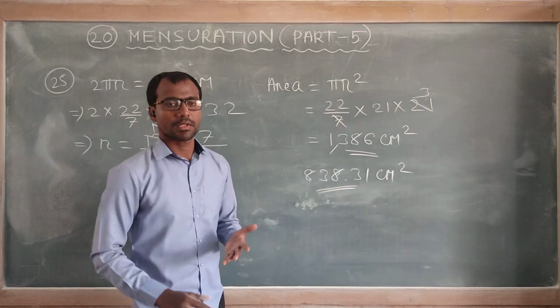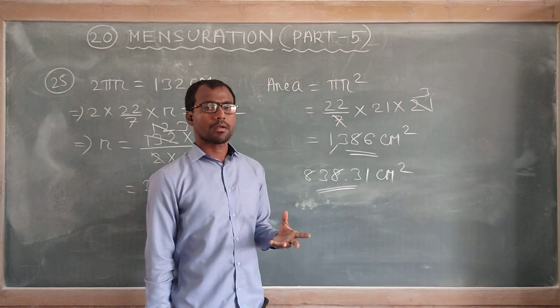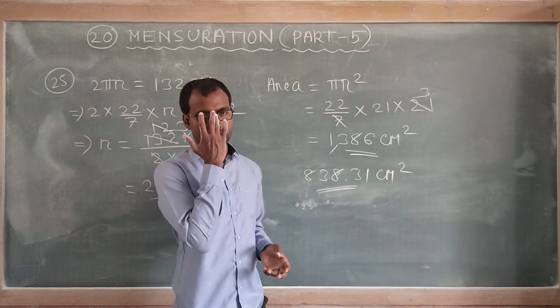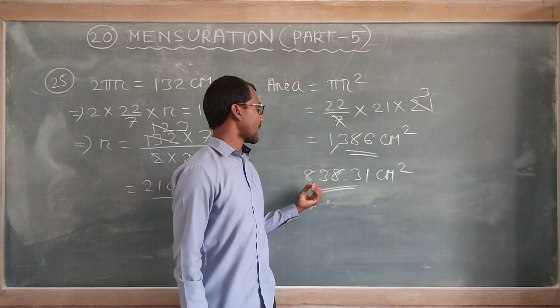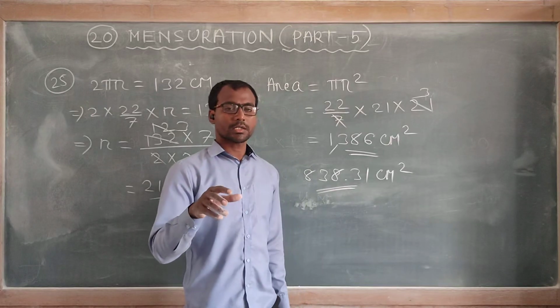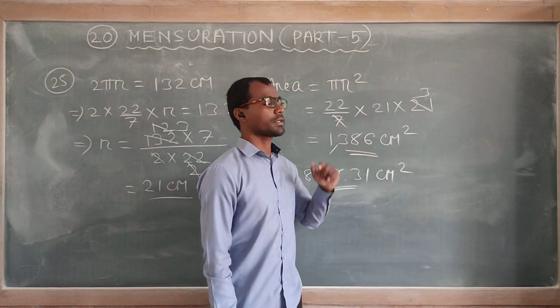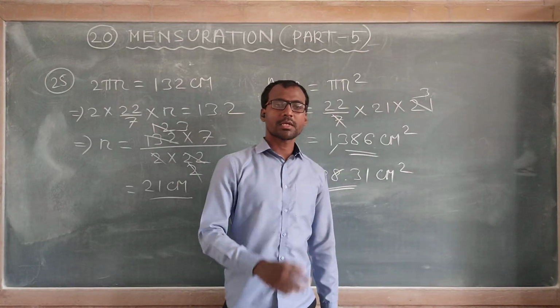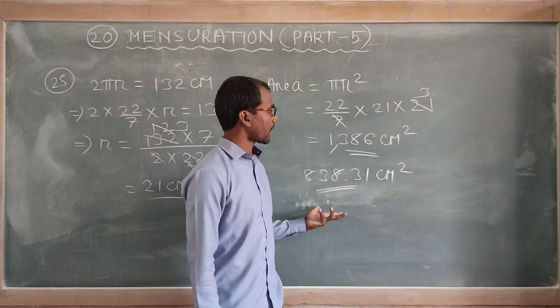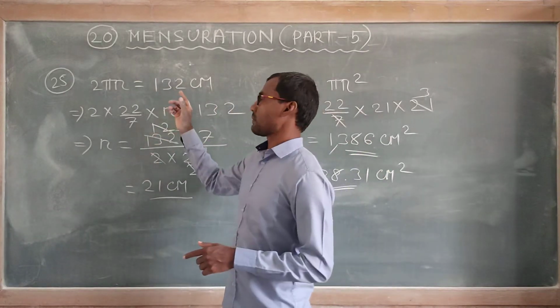Now the same wire was in the shape of the biggest equilateral triangle possible, and this area was 838.31. The same wire is bent in the form of a circle. Now its area is 1386. But the perimeter doesn't change. In case of equilateral triangle or in case of circle, the perimeter remains the same, that is 132 cm.